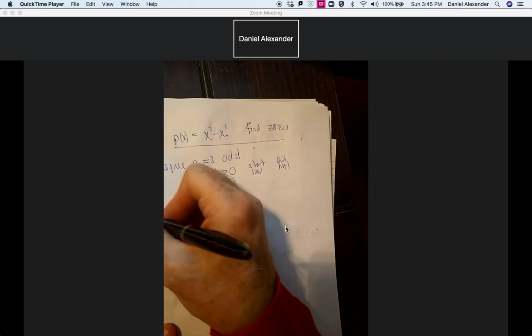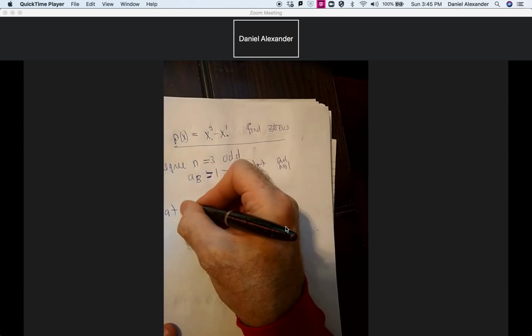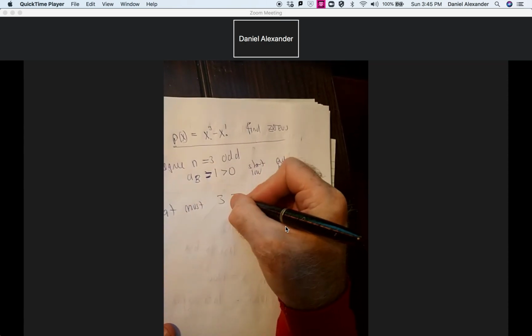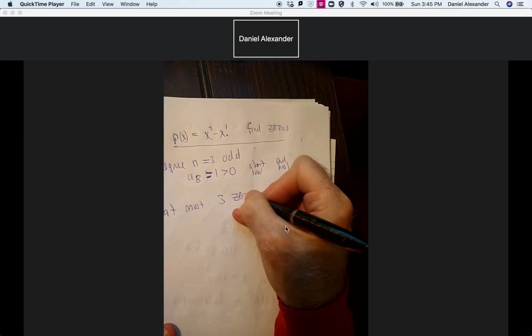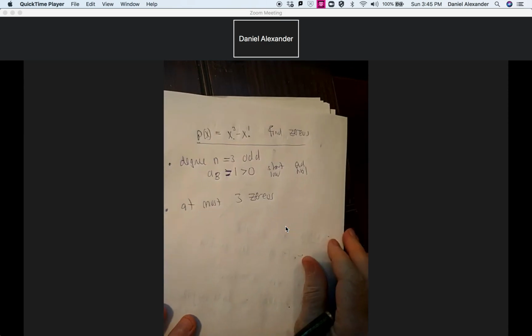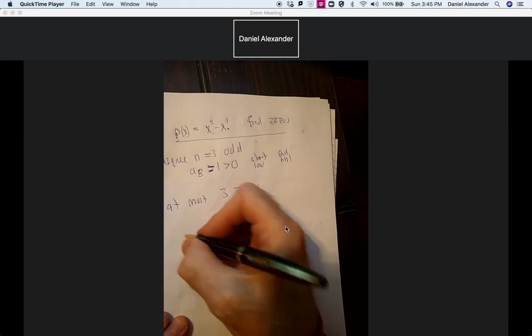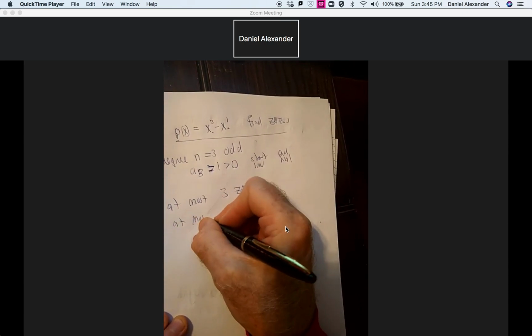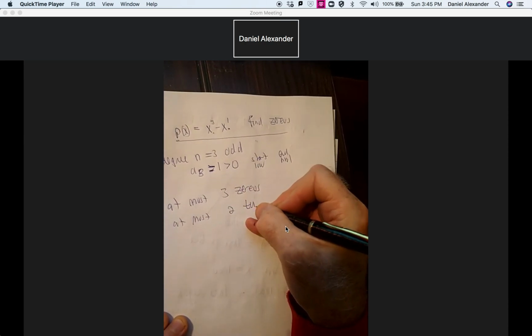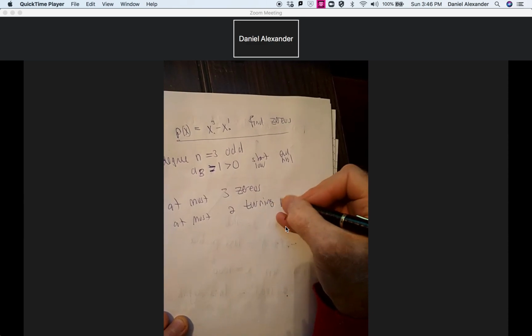That's one of the things I know. I'm going to say at most 3 zeros. Hopefully I can find those. And at most 2 turning points, or I call them humps, because it's simpler.